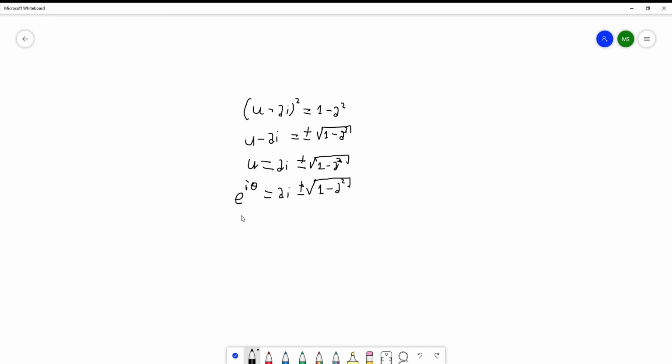Now take ln, and we get i theta is ln of ai plus or minus the square root of 1 minus a squared.